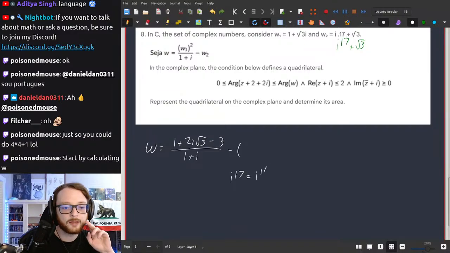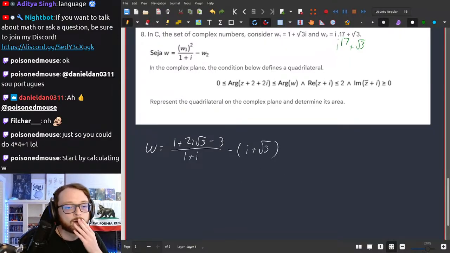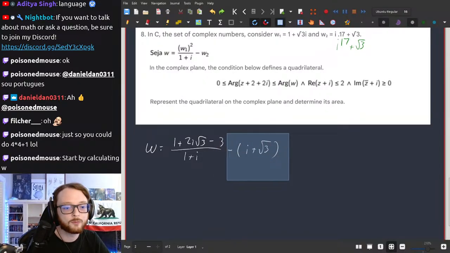That is i to the 16 times i, and i to the 16 is positive 1. So it's just i. So i plus root 3. Now we need to do this division, and I'll do that division by rationalizing.